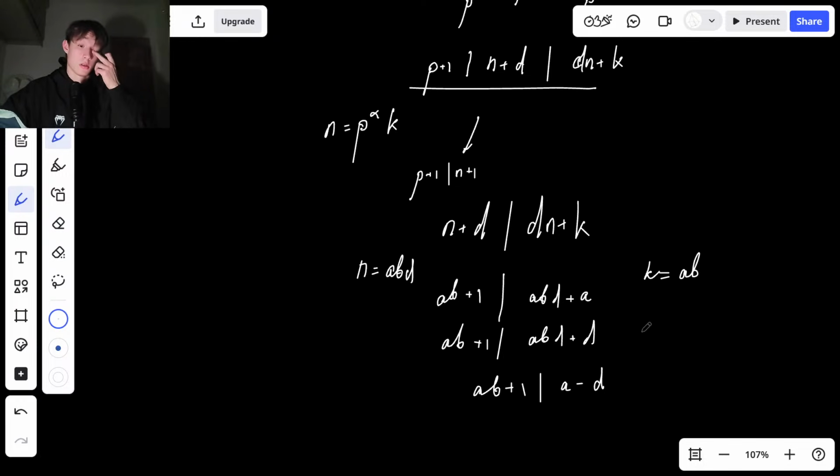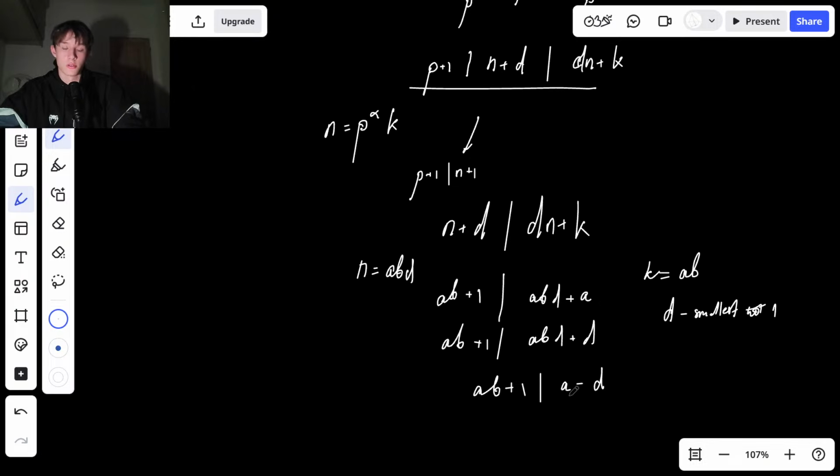Which means that, for example, when I chose d as being the smallest and not 1, this essentially gave me that ab plus 1 is the difference between these two.